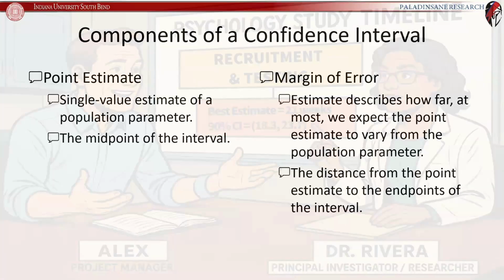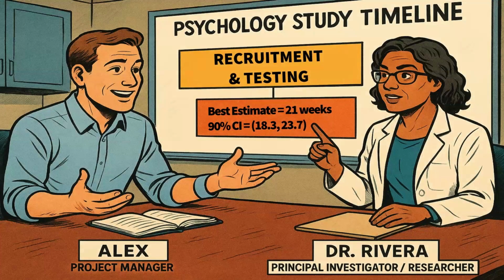So let's go back to Alex and Dr. Rivera. When we were talking about this, the 90% confidence interval is 18.3 weeks for the lower boundary, 23.7 weeks for the upper boundary, and your best estimate is 21 weeks. That best estimate is your point estimate.